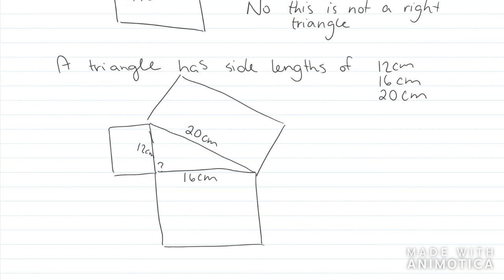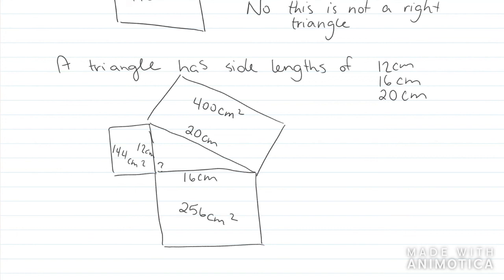Now I find the area. 20 times 20 is 400 centimeters squared. 12 times 12 is 144 centimeters squared. And that leaves us with 16 times 16, which gives us 256 centimeters squared.